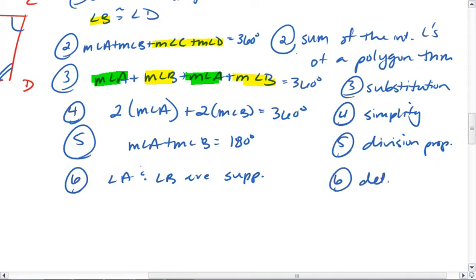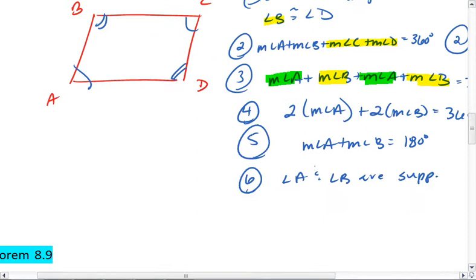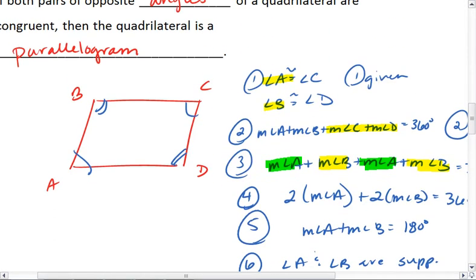That's the definition of supplementary angles. If A and B are supplementary, then we know from previous theorems that AD is parallel to BC. If we have consecutive interior angles for two lines cut by a transversal, and those consecutive interior angles are supplementary, then the lines must be parallel.